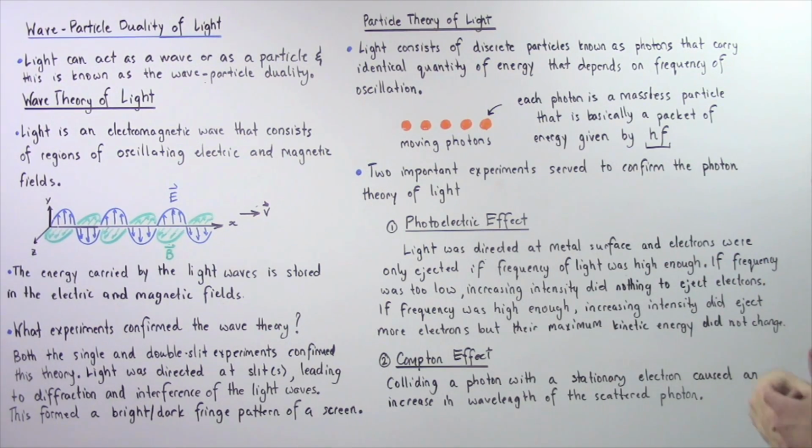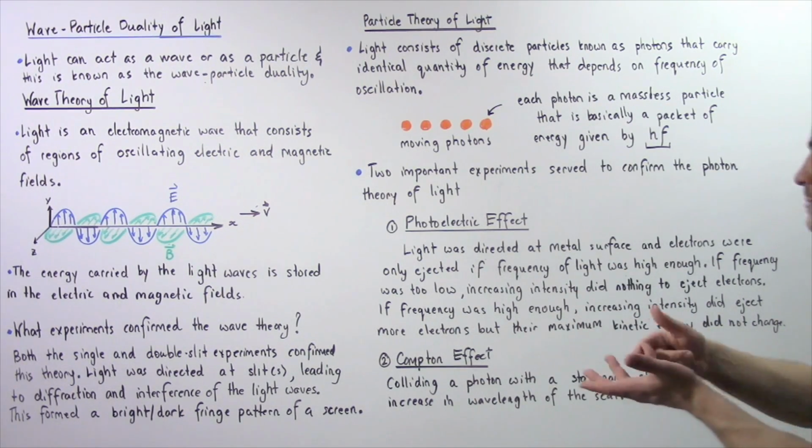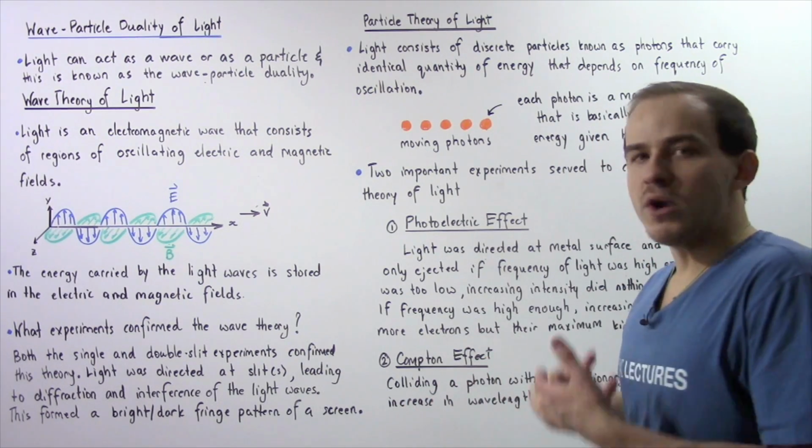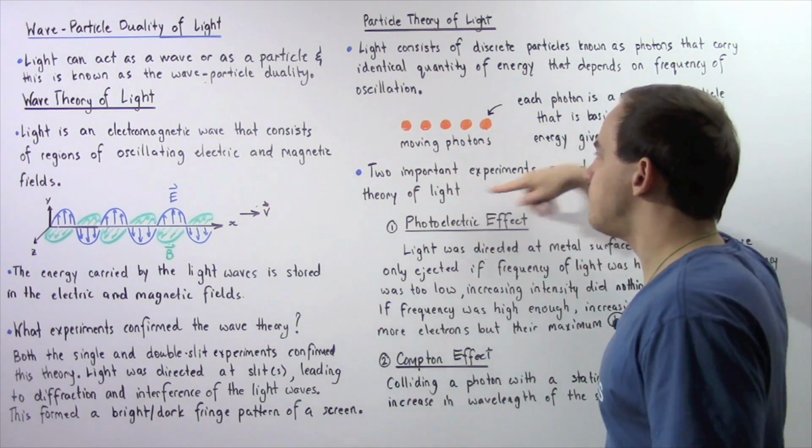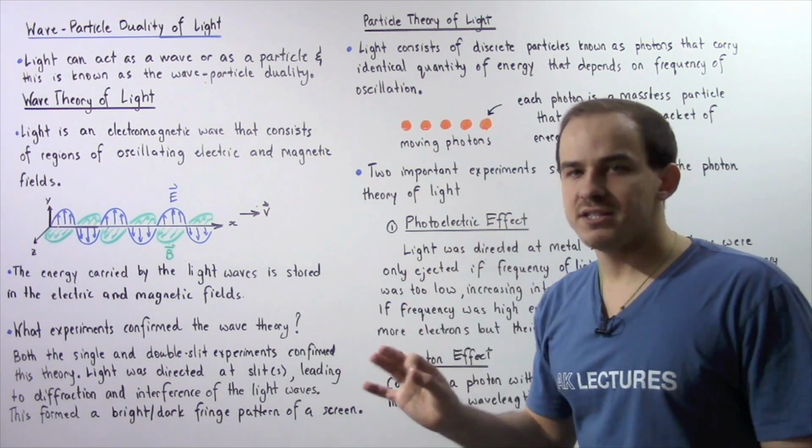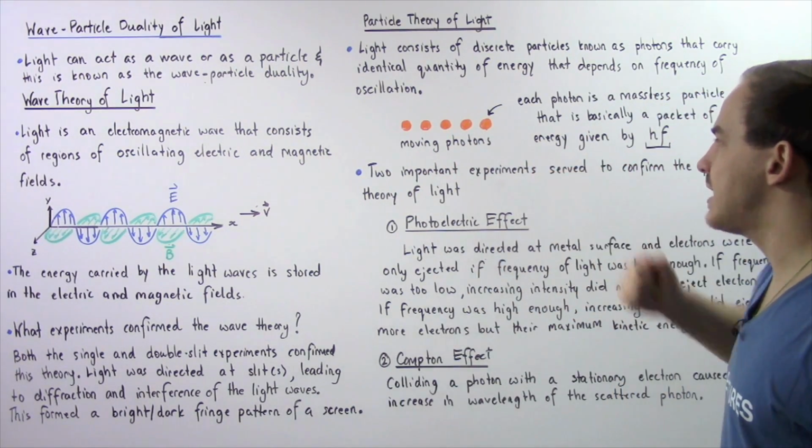Now, if the frequency was too low, increasing the intensity did nothing to eject the electrons, because by increasing the intensity, we're simply increasing the number of photons, but we're not increasing the energy that each photon carries.